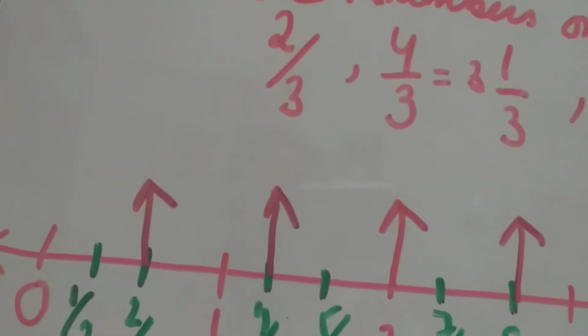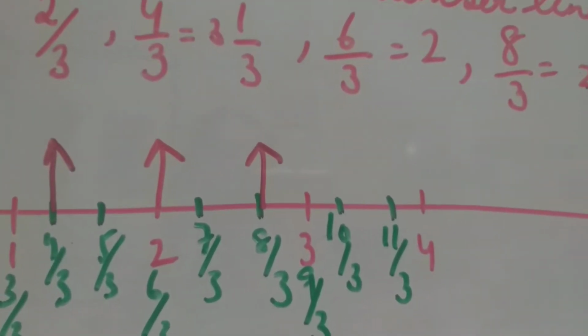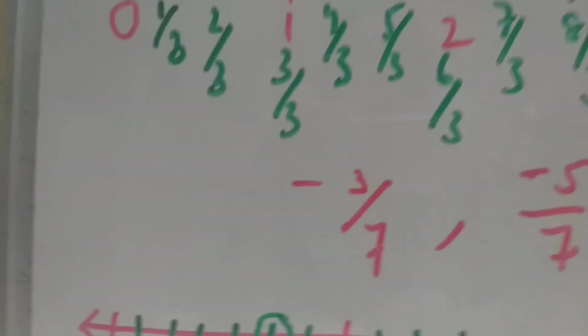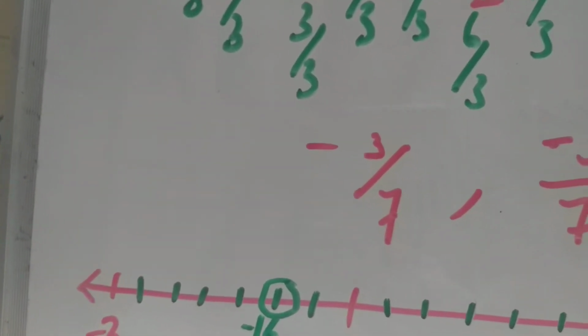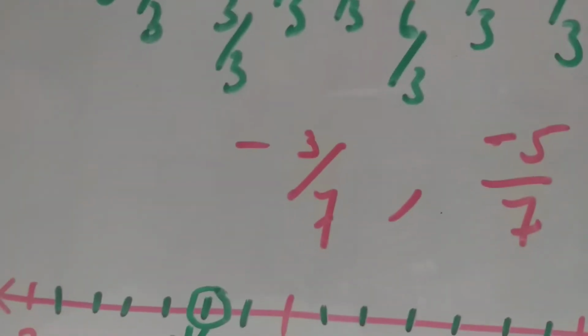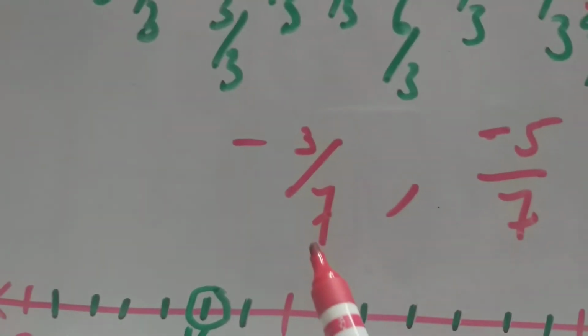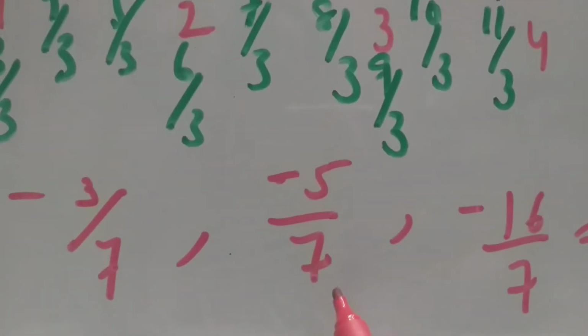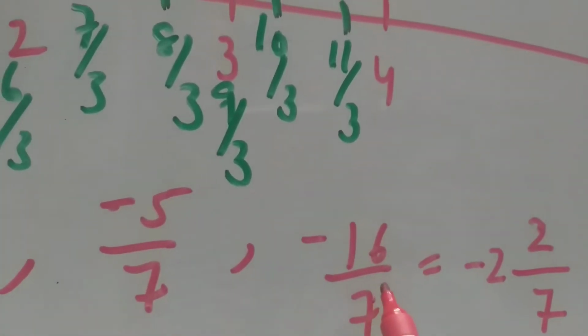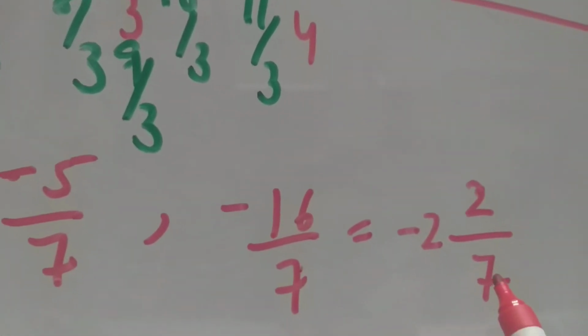Now this was the example of a positive rational number. What happens if the number is negative? Suppose the numbers I need to plot or represent on the number line are minus 3 upon 7, minus 5 upon 7, minus 16 upon 7, minus 2 upon 7.